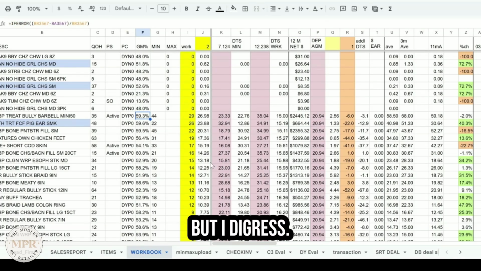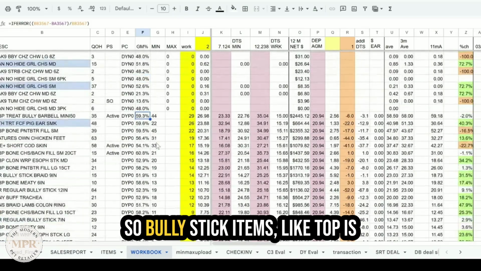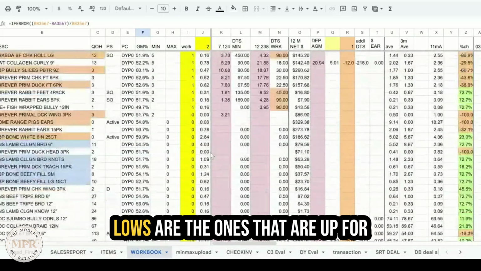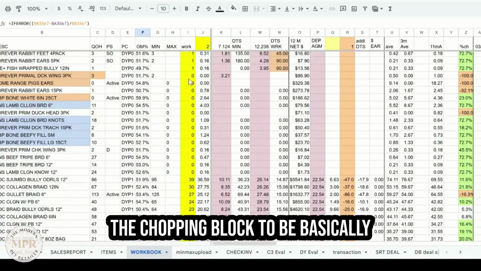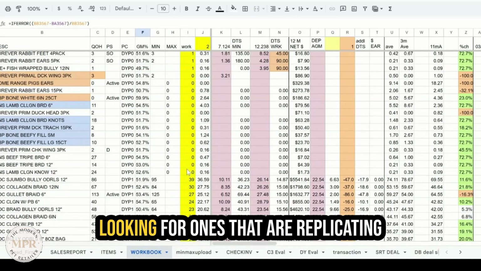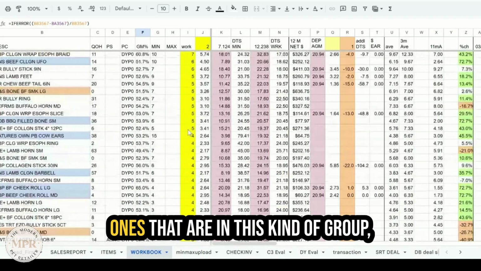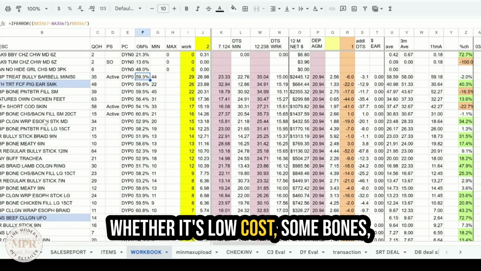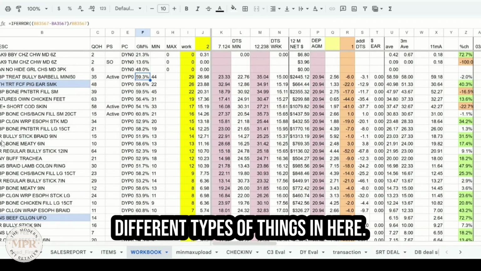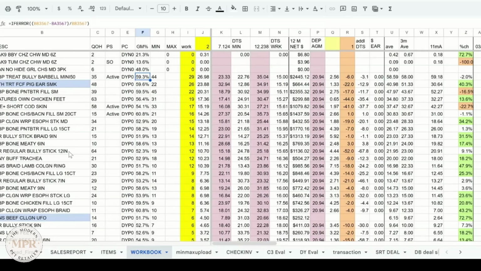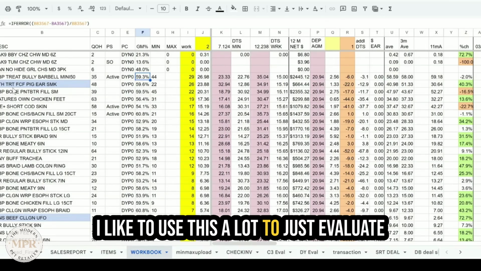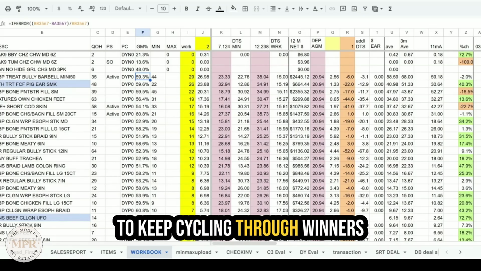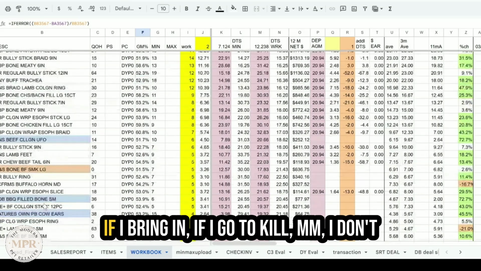But I digress. So bully stick items like top are going to be your high 20s, and then the lows are the ones that are up for the chopping block. You're basically looking for ones that replicate the ones in this group, whether it's low cost, so bones, different types of things in here. I like to use this a lot to evaluate how to get those winners, how to keep cycling through winners instead of cycling through losers.